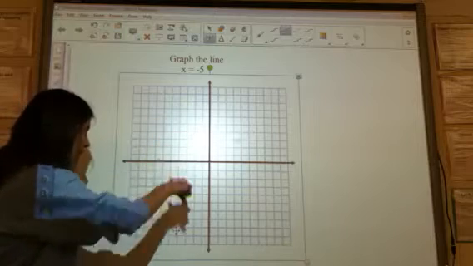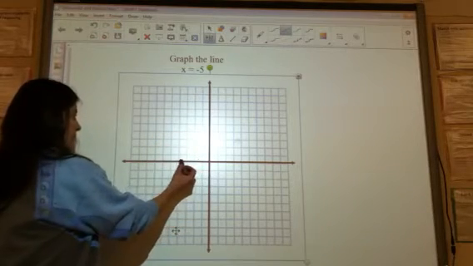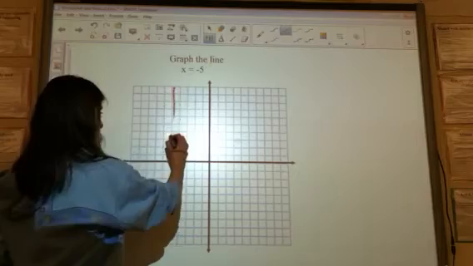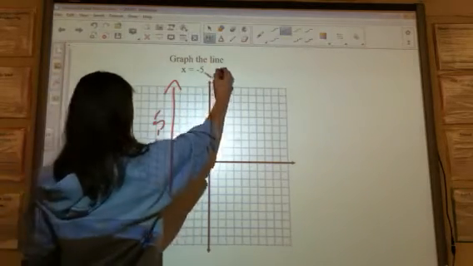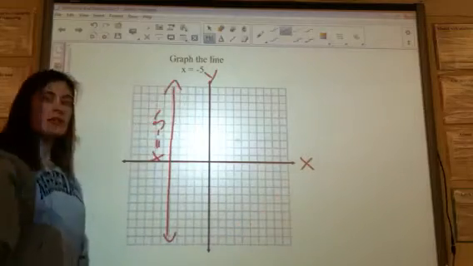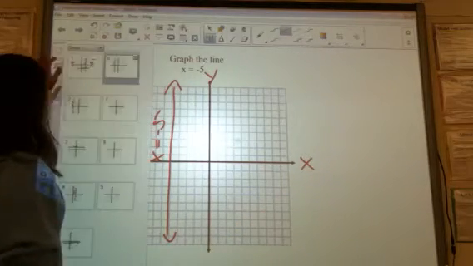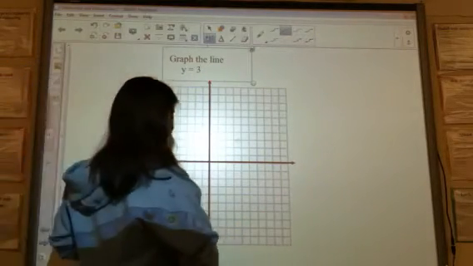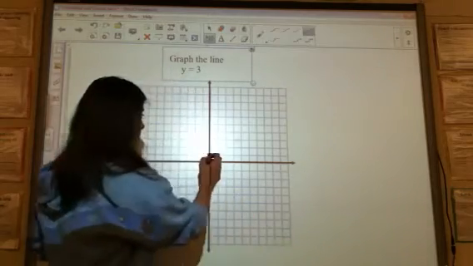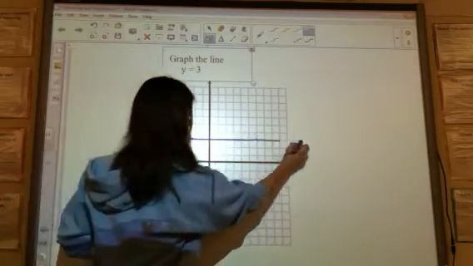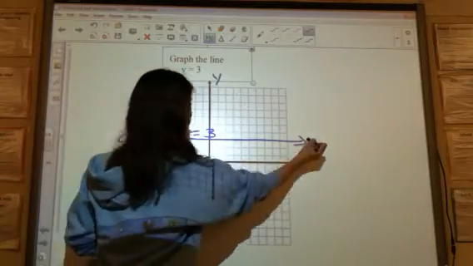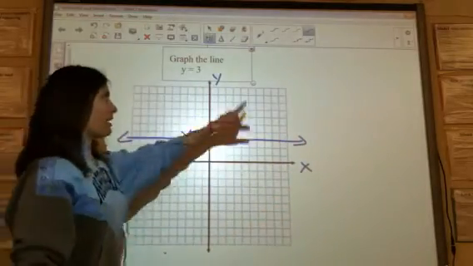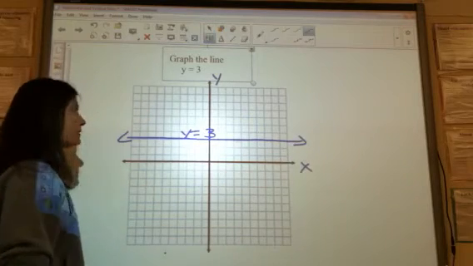Kind of trace it. 1, 2, 3, 4, 5, negative. Arrows. x equals -5. y, x. So easy. y equals 3. 1, 2, 3. Line. y equals 3. y, x. Arrows.